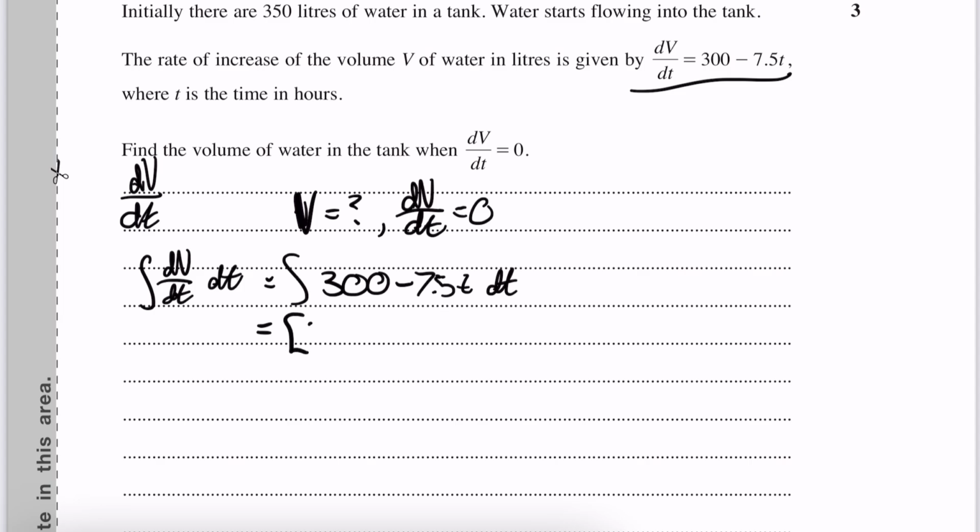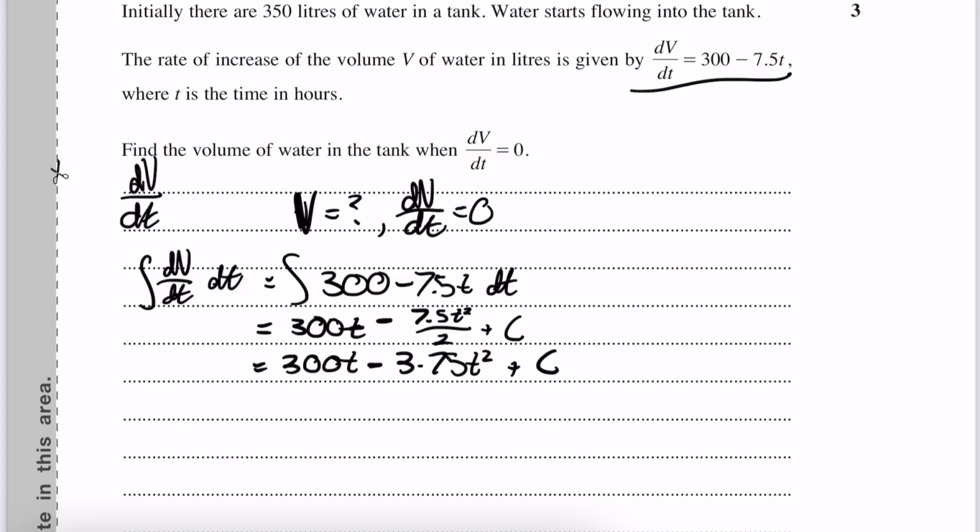And if I integrate that, I get 300t minus 7.5t squared over 2 plus c, which is 300t minus 3.75t squared plus c.